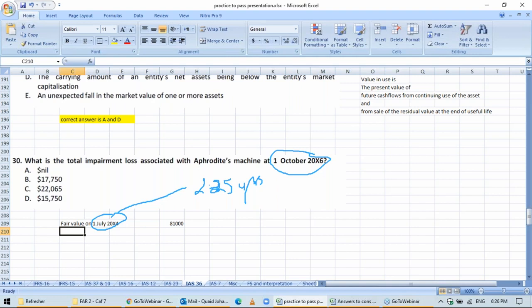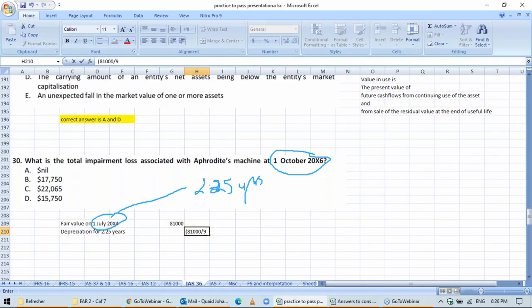The first step is calculating carrying value. 81,000 was the carrying value in 2004, 1st July. Now deduct the depreciation for 2.25 years. So the depreciation for 2.25 years will be calculated on the revalued amount, 81,000. What was the life remaining when the revaluation took place? 9 years.